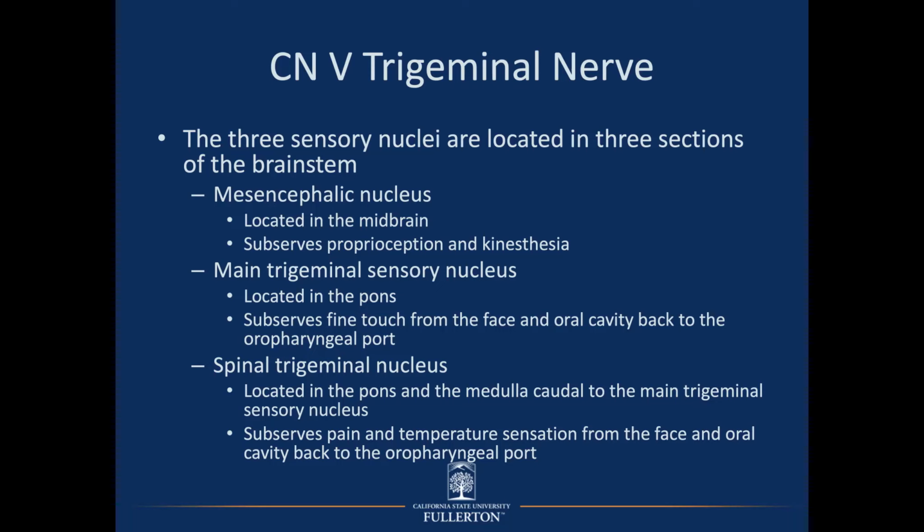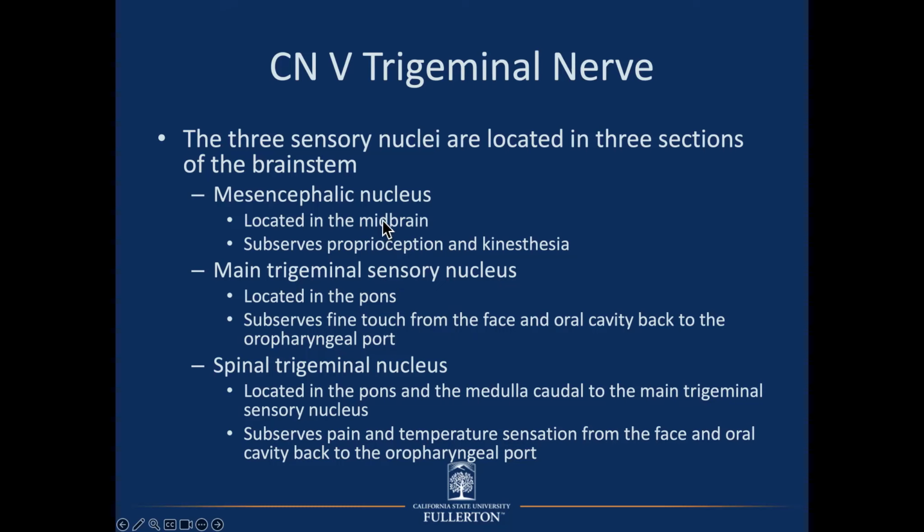So it's a long interconnected nucleus, but it's divided into 3 functionally, not anatomically, in the sense that they're not actually separated, like 3 different islands separated by water. The mesencephalic subserves proprioception and kinesthesia, whereas the main subserves fine touch and proprioception.